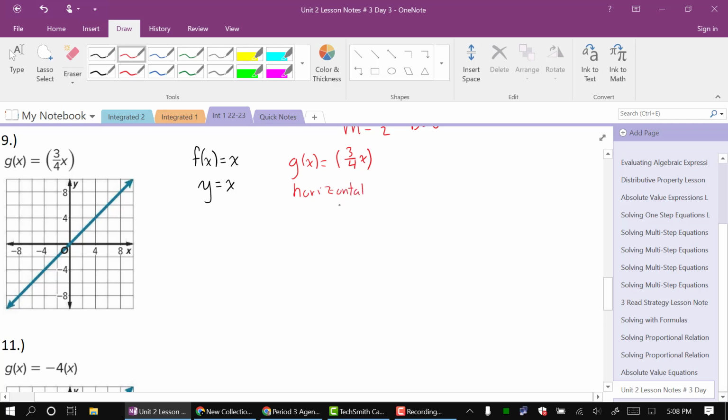Now I want to determine, is it going to be a stretch or is it going to be a compress? So I want to see the number that's multiplying the x, and that number is 3/4. So our a value for this is going to be 3/4. This a value falls between 0 and 1. Since it falls between 0 and 1, this is going to be a compress.